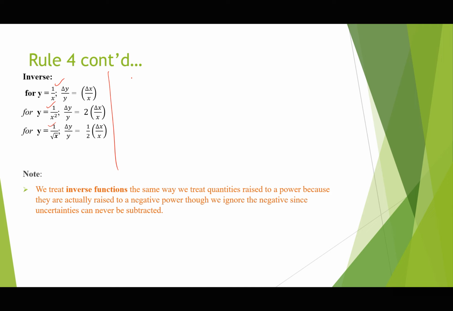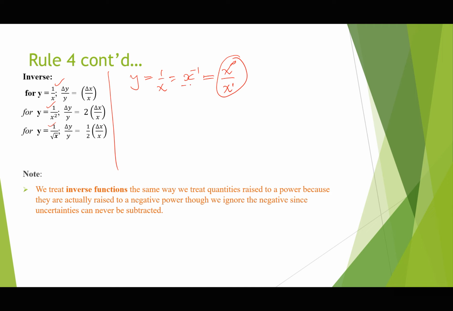If y is defined as 1 over x, this is the same as x power negative 1. Now it means the rule of powers will be used here. Or you can say this is the same as x power 0 divided by x power 1. Let me take this because it's the easiest to understand.